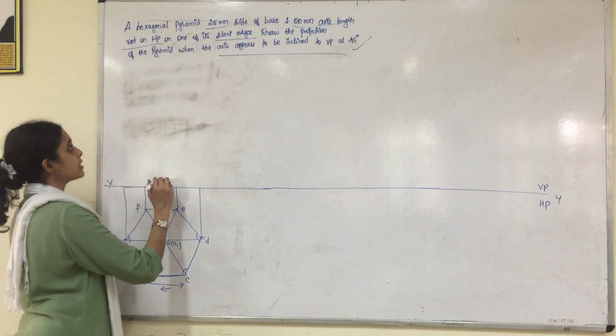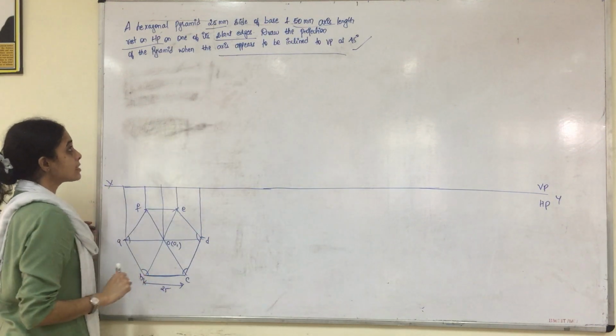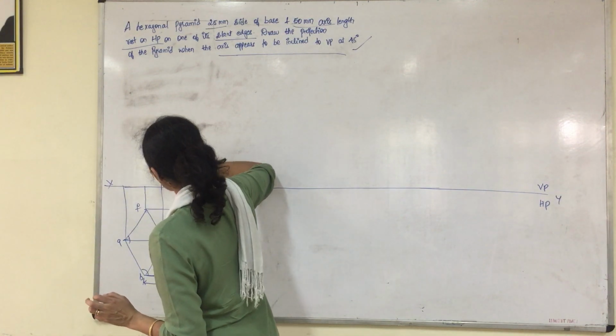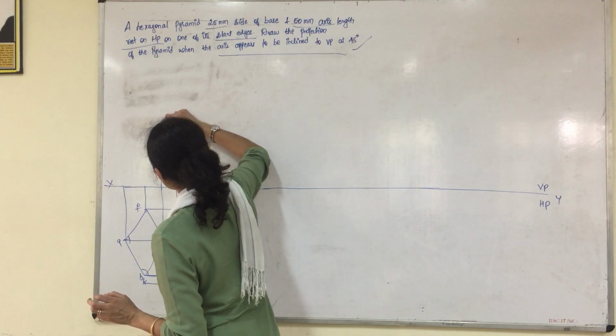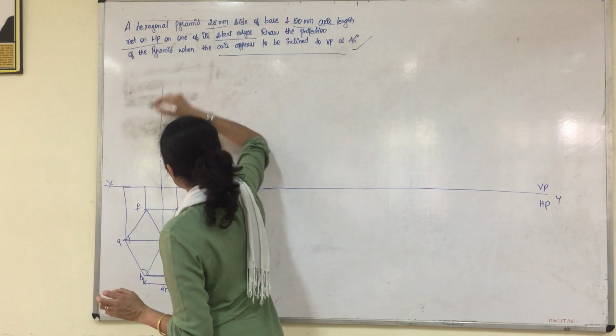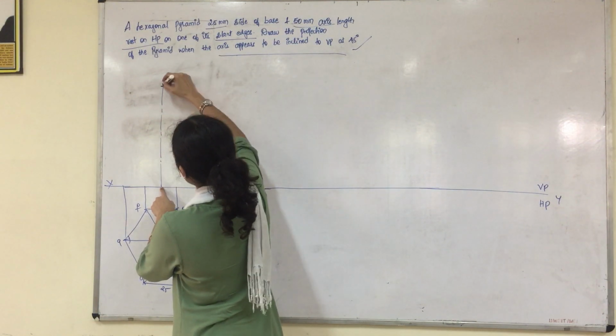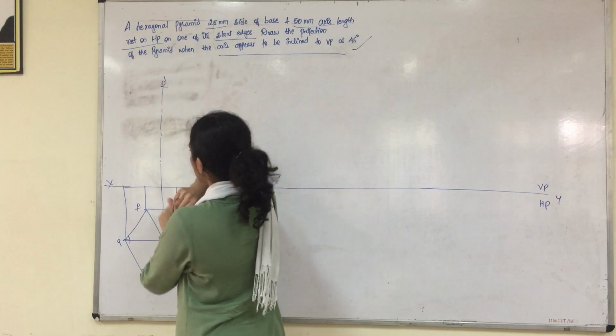Since the center line is visible, see what axis height is given: it is 50 mm. So just draw the axis line or the center line, and measure 50 mm and cut an arc. Keep one of the compass here and measure. So you will get the apex O dash.